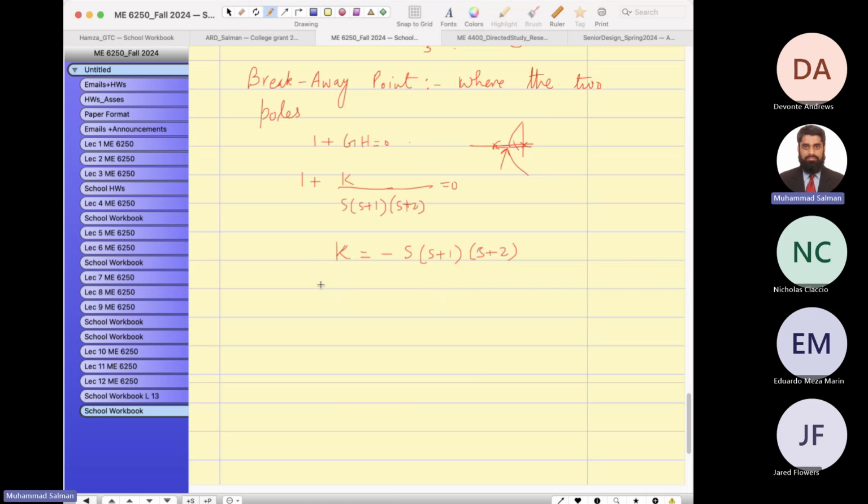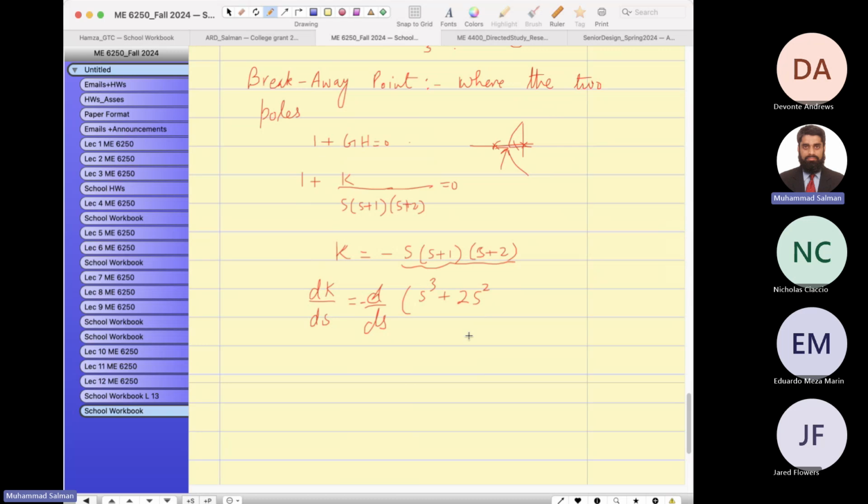And now you have to differentiate k with respect to s. So how would you differentiate? If you expand this polynomial, and take the differential d over ds, the negative sign is outside, s cubed plus 2s squared.